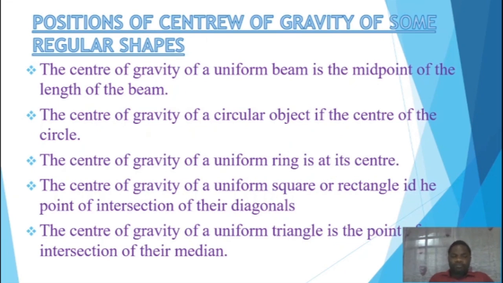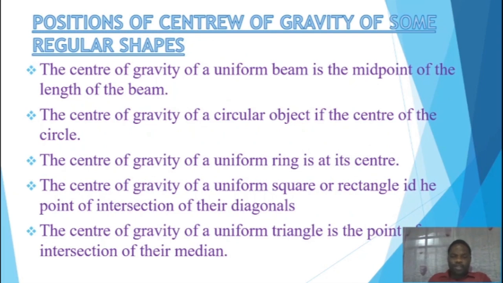Number one, the center of gravity of a uniform beam is the midpoint of the length of the beam. Please take note of the word uniform. Once the beam or a rod is uniform, the center of gravity will be at the middle of it, the center. But when it is not uniform, please don't assume it is at the center.